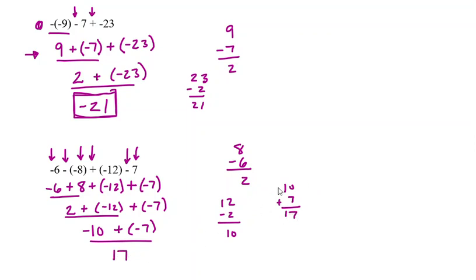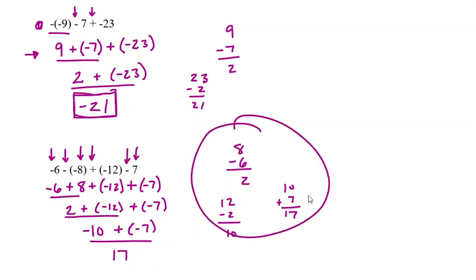And I'm writing over here, I'm just working it out using addition and subtraction rules, doing it vertically. That's if I can't do it in my head. If you can do this in your head, you don't have to show that work off to the side. But here's what I want to see.